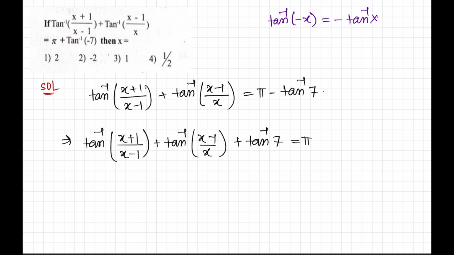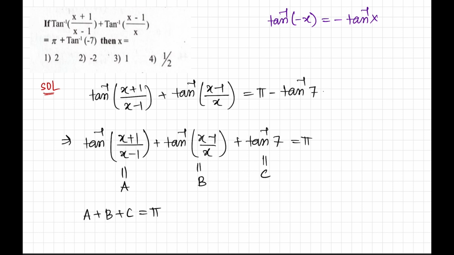Now let us say we take this angle as A, this angle as B, and this angle as C. So we can write A plus B plus C is equal to pi. Now in trigonometry, we have studied a very important result.